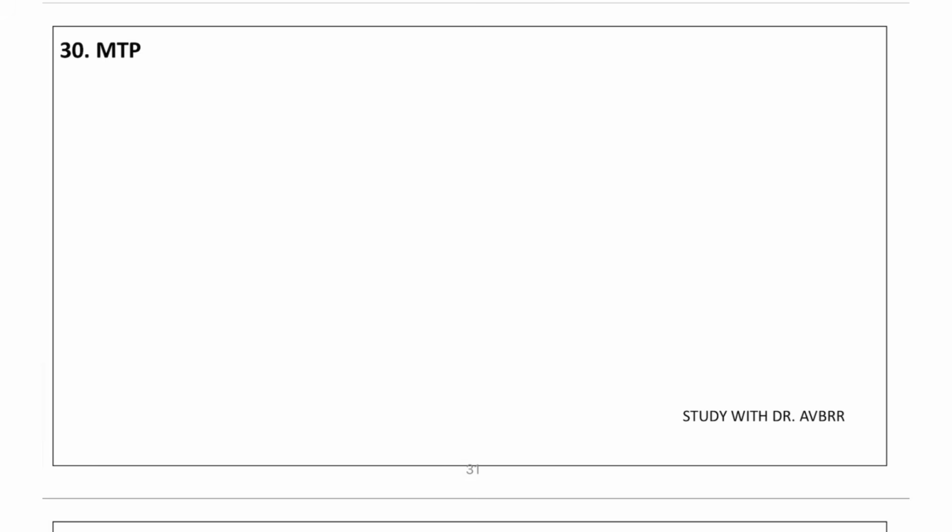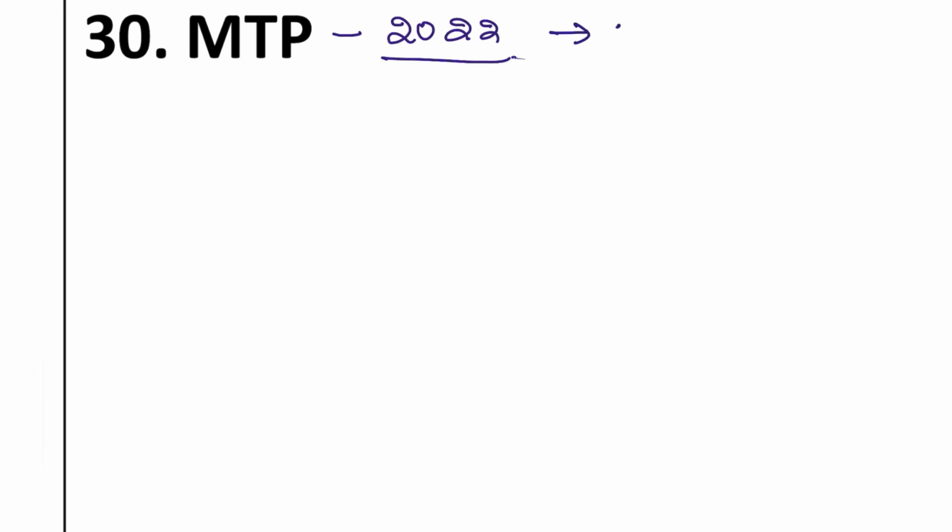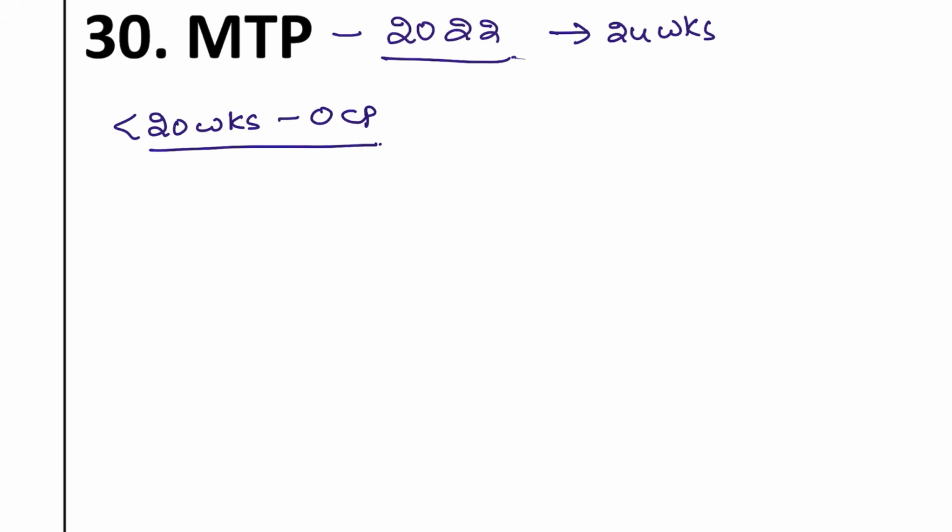Next, moving on to the MTP. According to the new MTP guidelines from the 2022 revision, we can do up to 24 weeks. Okay, 20 weeks is the limit for OCP failure. Any OCP failure, only 20 weeks is the limit. If there is any social reason, for example, rape cases, it can be more than 24 weeks.